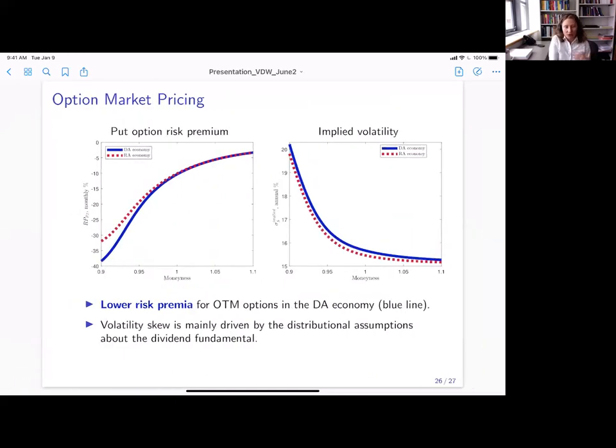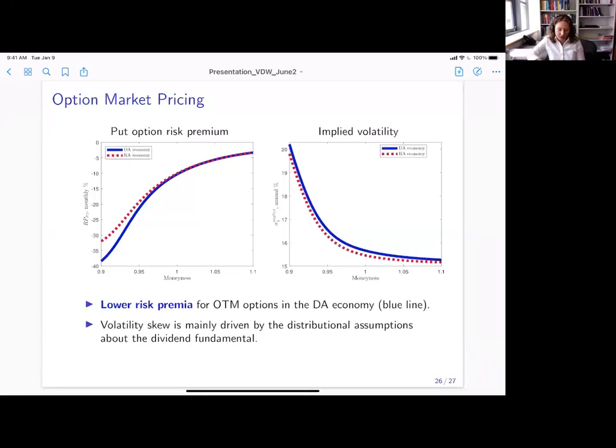Okay, in the last minute, pricing. Here, what I would like to point out is that actually one asymmetry, crash risk, is enough to generate pricing implications. Because what you see on the left graph is, yes, we got a bit of a lower risk premium from out of the money options in our economy compared to the risk averse agent benchmark, which is the red line, and our economy is the blue line. But the difference is not huge. And yes, maybe it will be important in out of the money, but for all the other moneyness, the DA preferences don't really help.